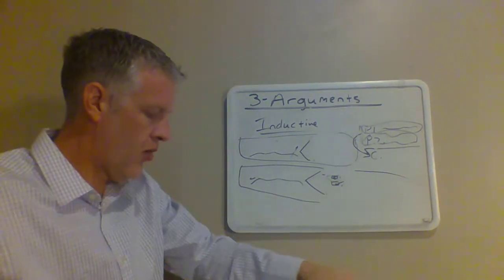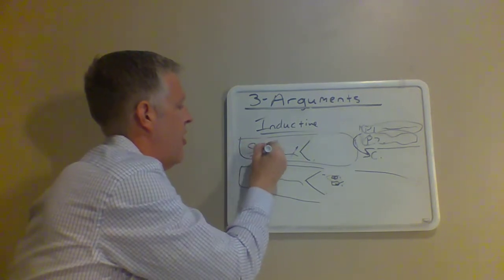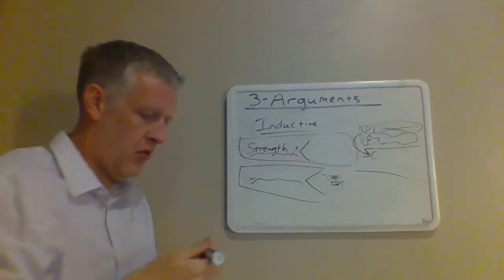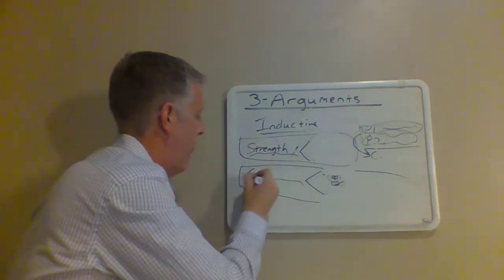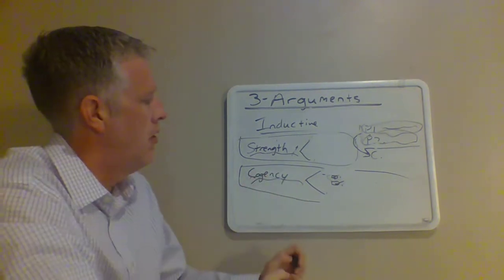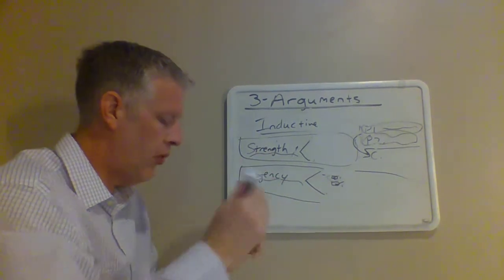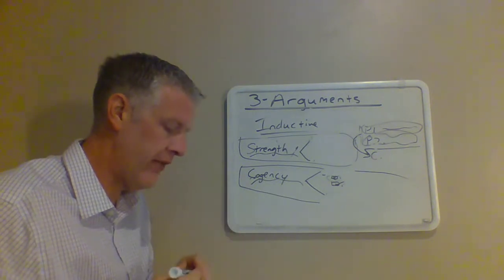Here we have the conceptual terms of strength and cogency. So we're switching up our conceptual terms, but what we're up to is very similar to what we just did with deductive arguments.